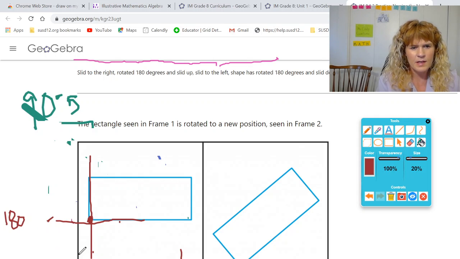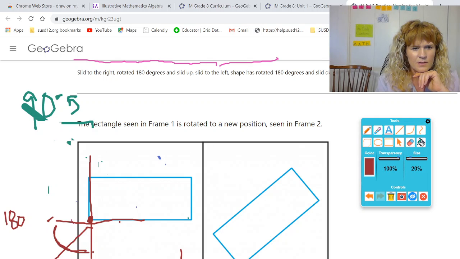Okay, so if I'm going clockwise, then this is 90 degrees, this is 180. Well, what is this measurement here? Half of 90 and 180 is 45, because this is 90 degrees. Remember that this is just 90 degrees? So half of that is 45 degrees.